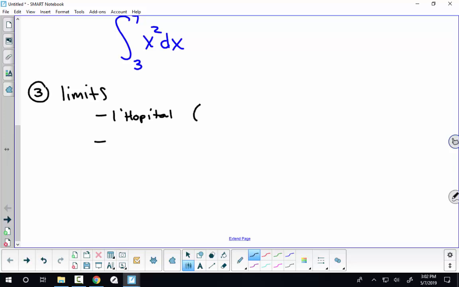This was in 4.7. So we call those infinite limits. From, I don't remember, that was either 2.4 or 2.5. There's going to be one question where you're given a piecewise function.